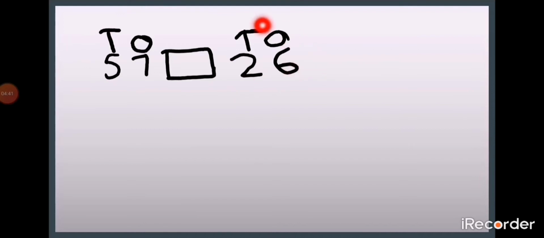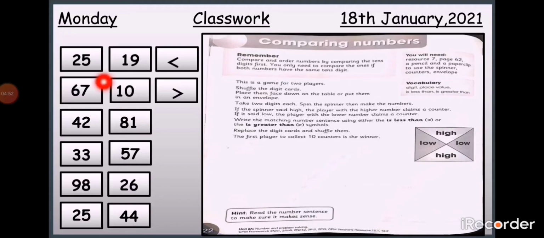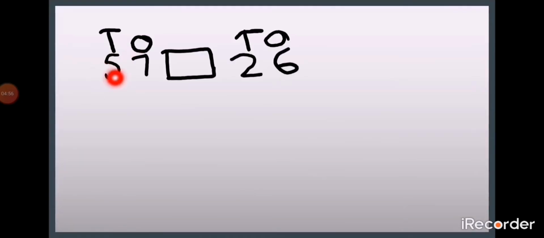Now in my number sentence I have put the values, and now it is easy for me to compare them. So you will do it in this way. You will put two numbers from here, choose the number cards, write them in this way, make a square box in between them, and then you will put the place values first.